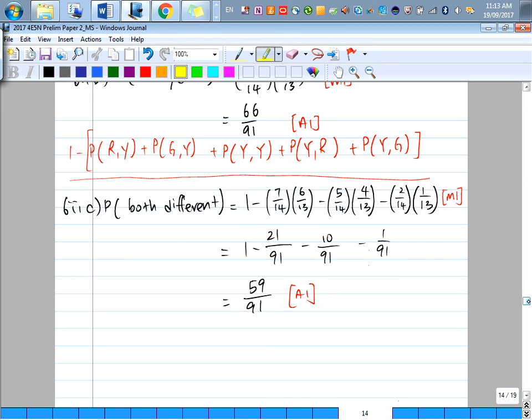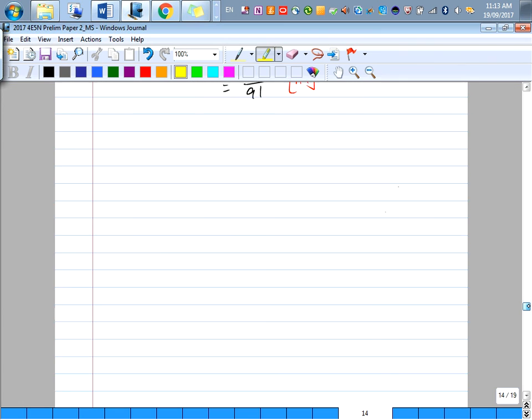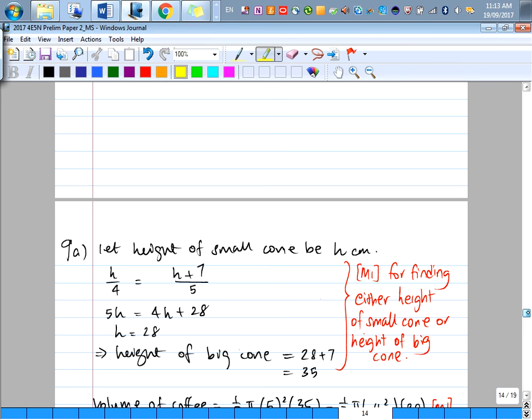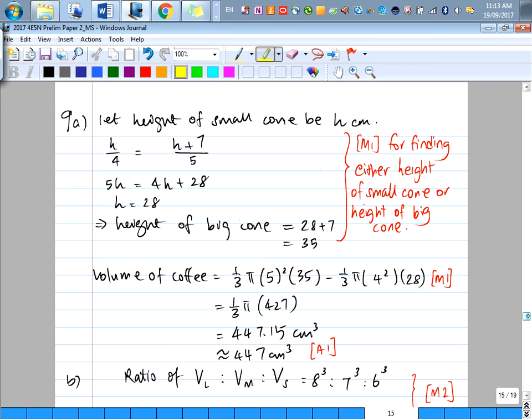Now the next question, 9. This one was very badly done. The height, the volume of the coffee in a medium-sized cup, if it is filled completely. We are using similar triangles to solve this.